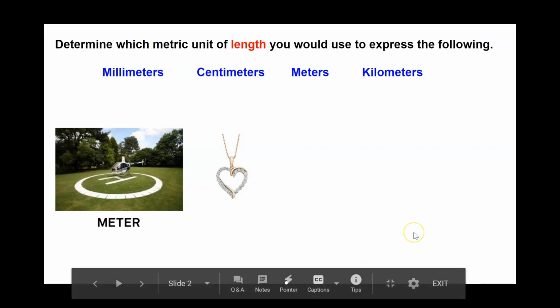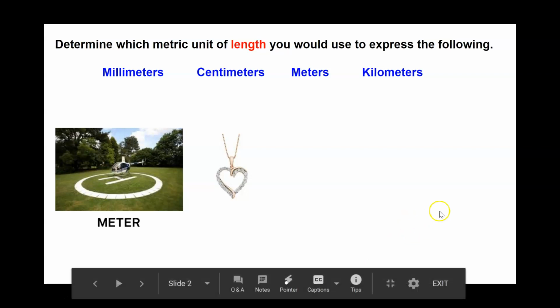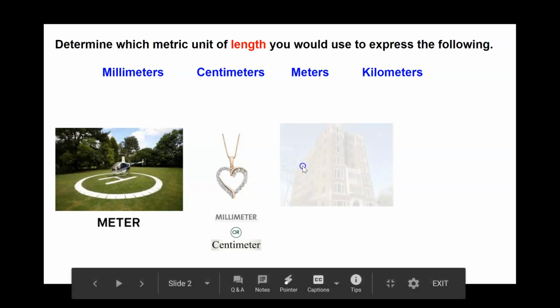The question mark is only for if you don't know exactly what the answer is. Okay, so for this one, yes, it's either millimeters or centimeters. We don't know how cheap our boyfriends or husbands are, so it can be really tiny as far as millimeters, or it can be really big and you give them a big hug. Those two go hand in hand for this one.